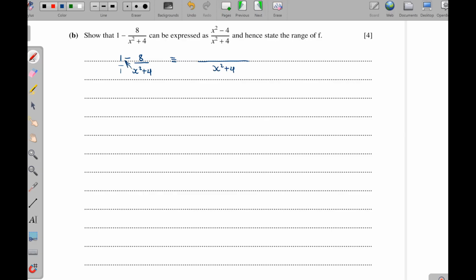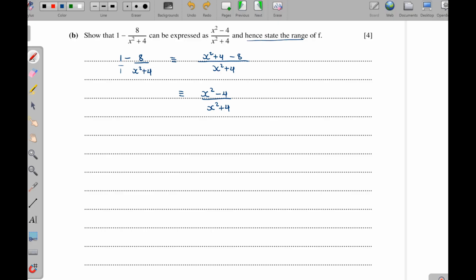Then multiply it by this one here, so you have x squared plus 4, and then 1 times negative 8, we shall have minus 8. So meaning we shall have x squared, then minus 4, because 4 minus 8 is minus 4, right? Then out of x squared plus 4. So this one is already done.